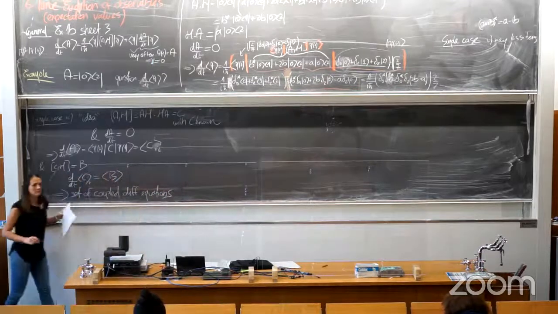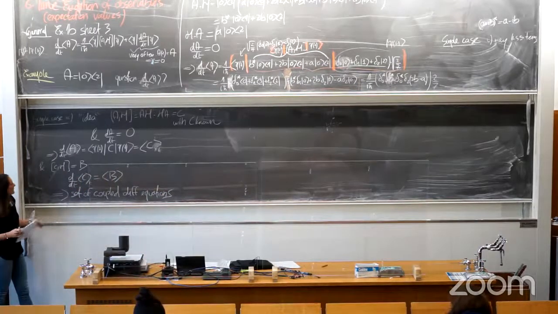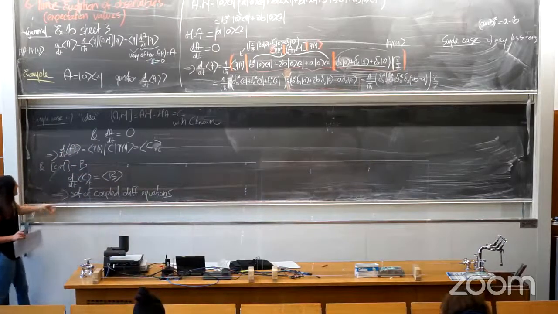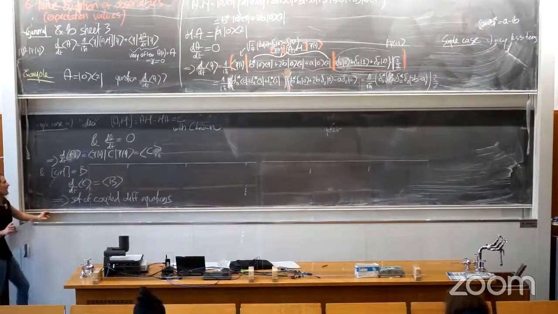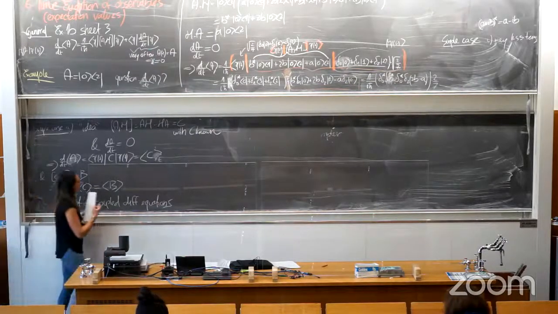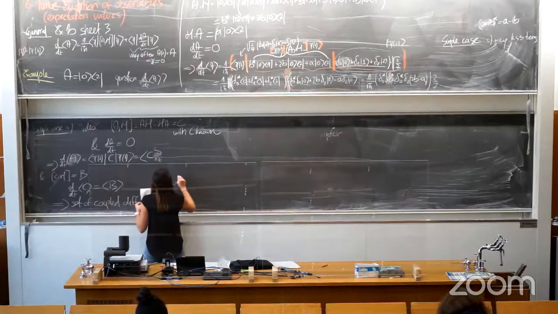Okay, so in this case, now we have A, B, C, and 2, but in some cases you get as many equations as observables or as unknowns. This means you can solve ideally. So ideally, solve the system.